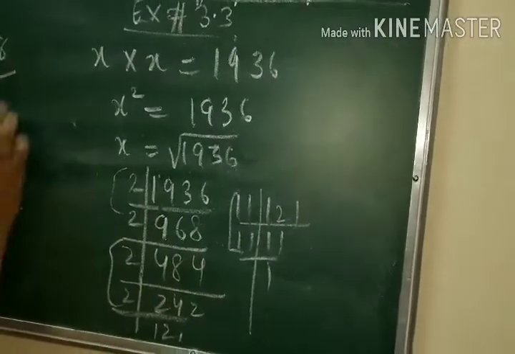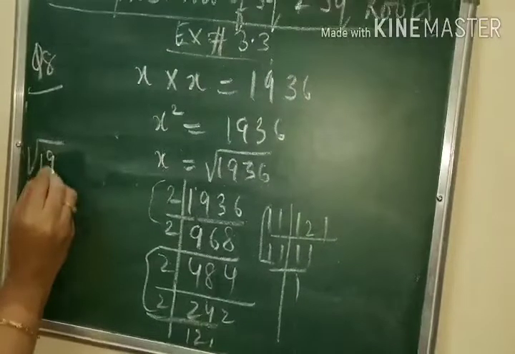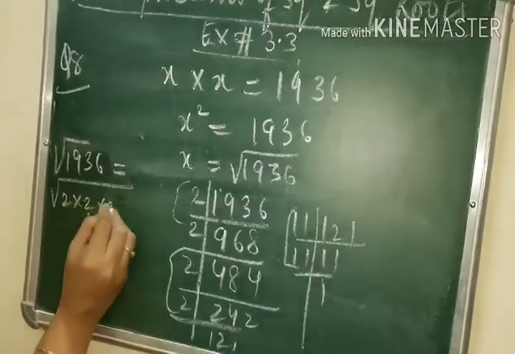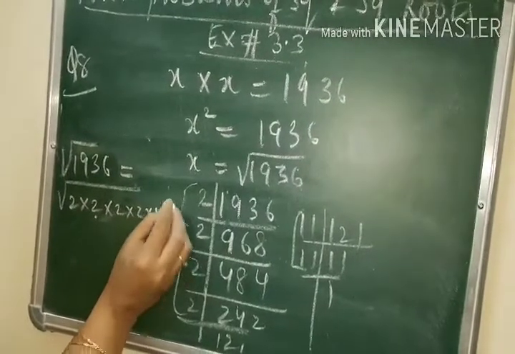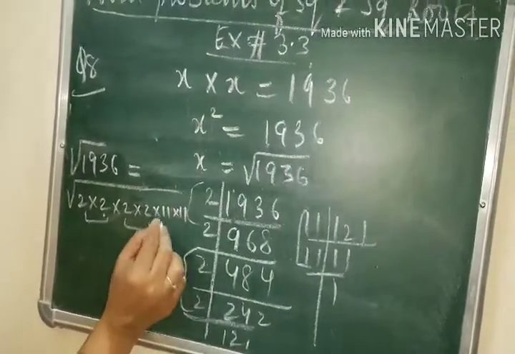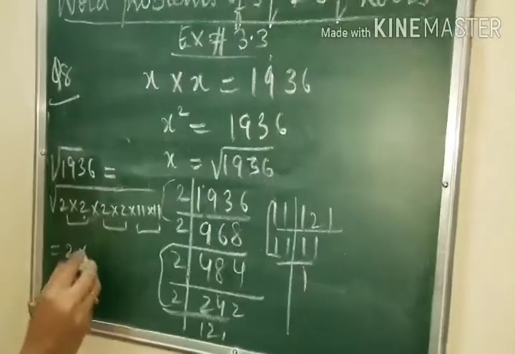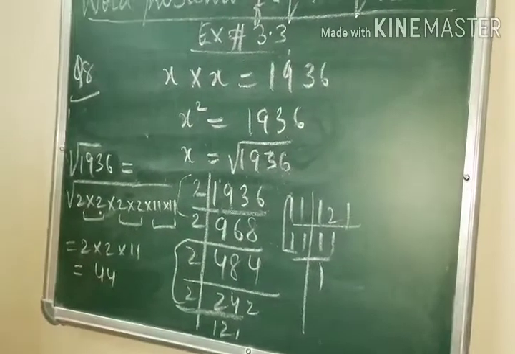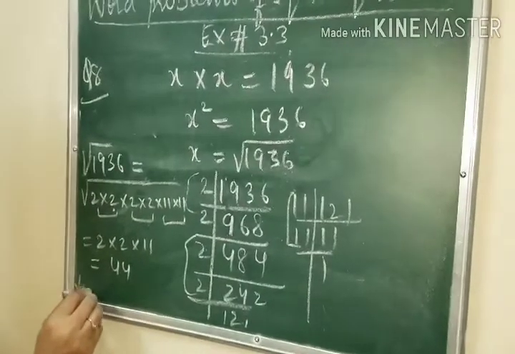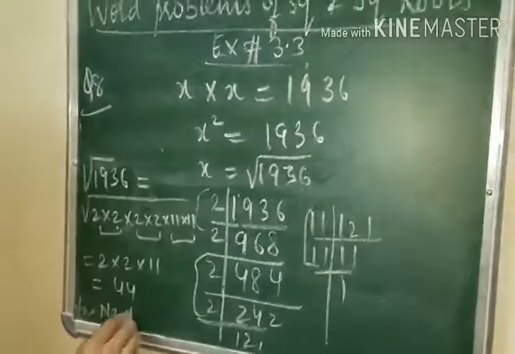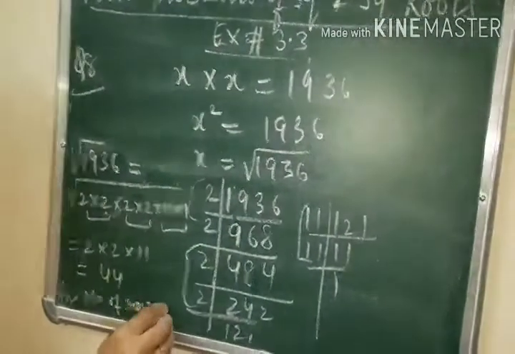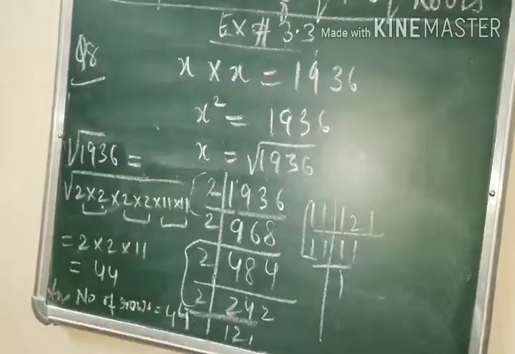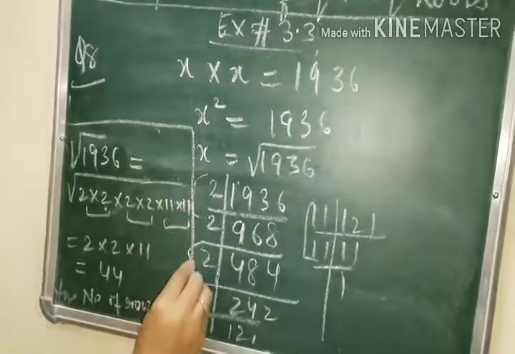So root 1936 will be equal to root of 2 into 2 into 2 into 2 into 11 into 11. Make the pairs. It is equal to 2 into 2 into 11. 2 2s are 4, 11 4s are 44. So the answer: number of rows are 44 and number of columns will also be 44. So this is your answer for question number 8.